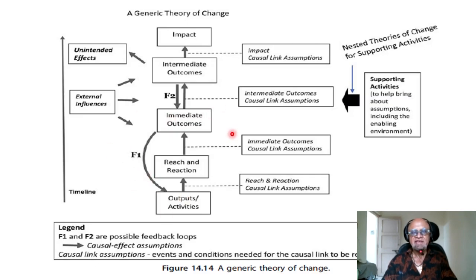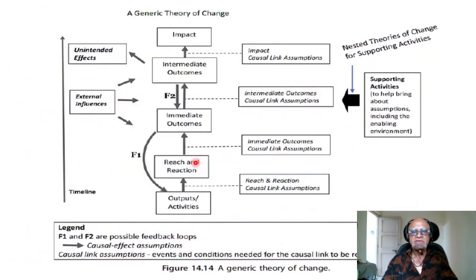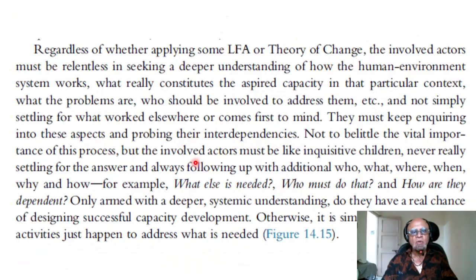So lack of flexibility and lack of complete planning end to end, including accounting for feedbacks and evaluating causal link assumptions based upon the outcomes along the way, are all very critical. Okay, so these are the complexities in designing capacity development.